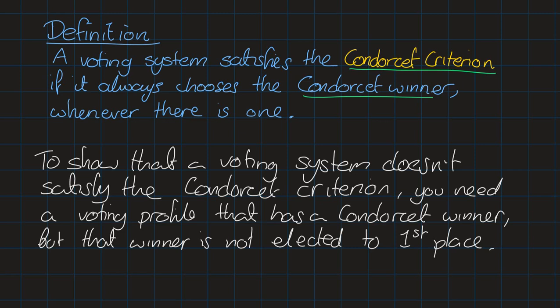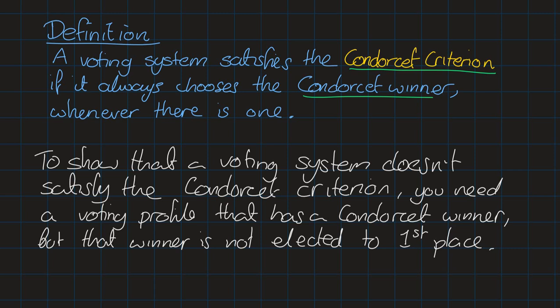If you want to show that a voting system does satisfy the Condorcet criterion, this is a more taxing thing to do. What does it mean for a voting system to satisfy the Condorcet criterion? It means that whenever a voter profile has a Condorcet winner, your voting system has to elect that winner to first place.